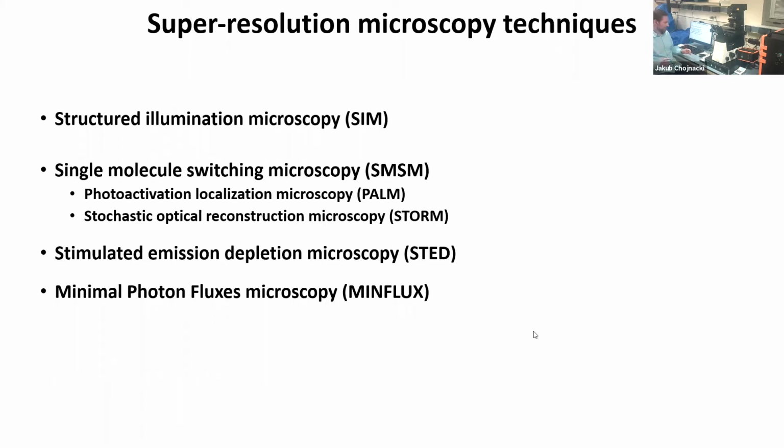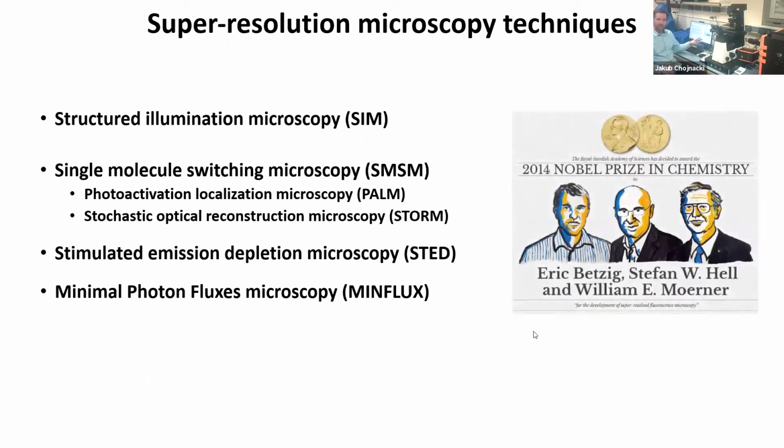It was a revolution of such size that in 2014, the main inventors of these super resolution techniques were awarded a Nobel Prize, which showcases how important this was to scientific discovery. Myself as a researcher, I took advantage of these techniques, and I can tell you that it has allowed us, especially people who study viruses, to see things which we were not able to see before using fluorescence microscopy.